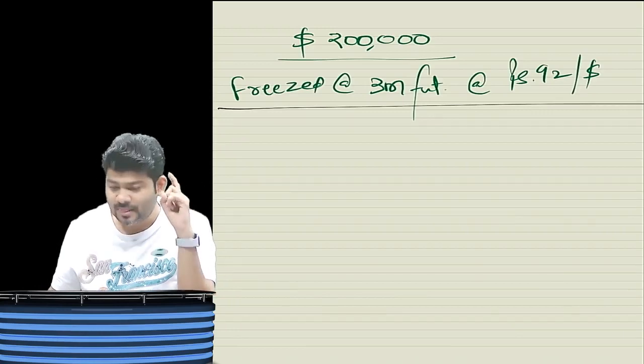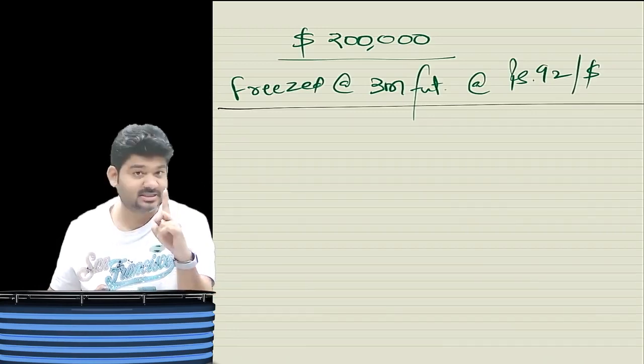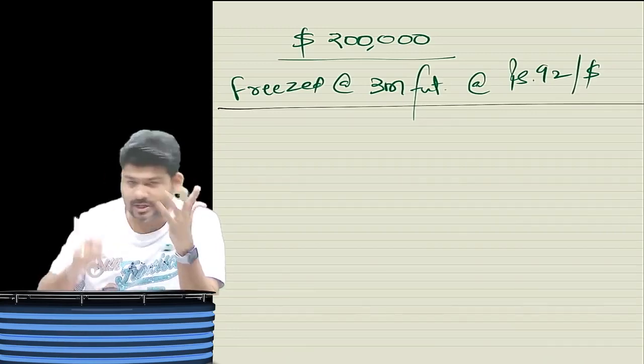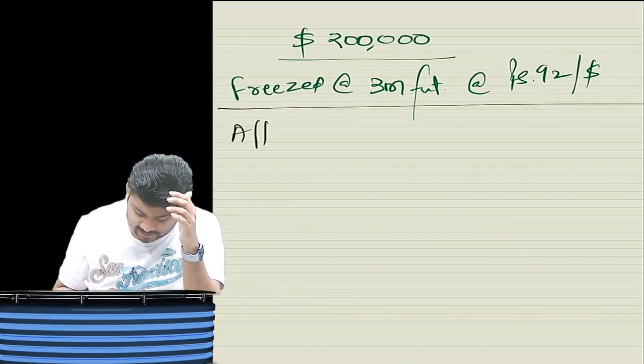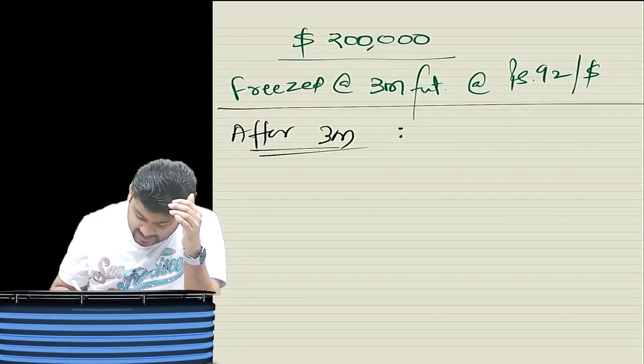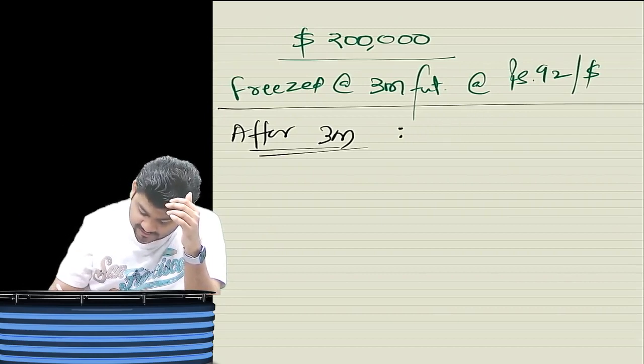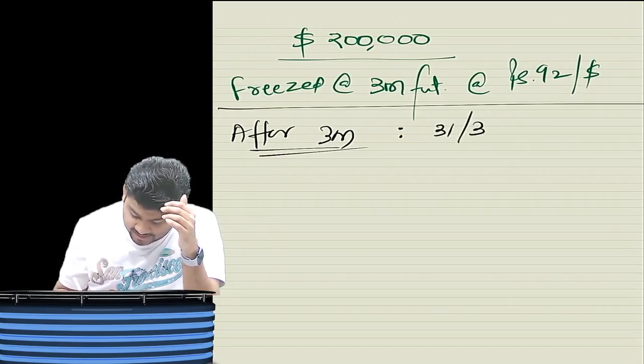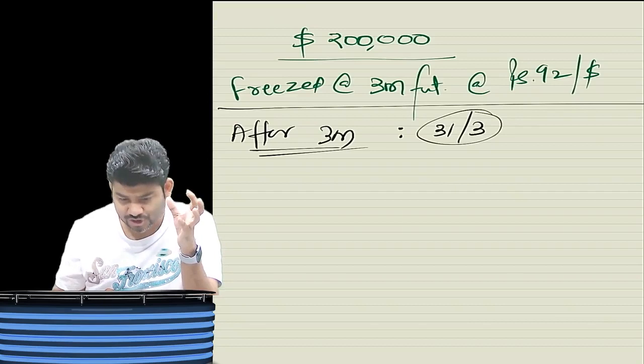Cool. Now what is going to happen is this. What is going to happen now? Tell me. After 3 months, what will happen? Suppose today is now after 3 months, like you have seen in the movie. It is showing the date 31st of March.